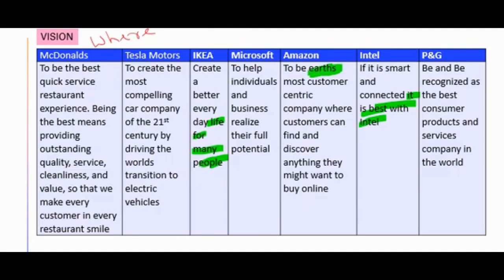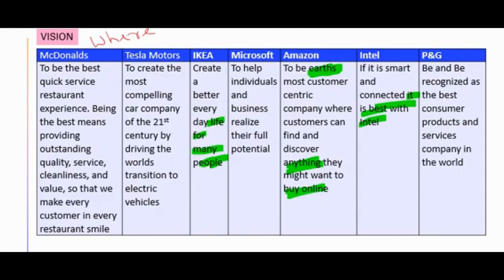To be Earth's most customer centric company where customers can find and discover anything they might want to buy online. So they want to sell all kinds of products online where people can find and buy. This is where they want to reach. I think they have almost reached this stage.